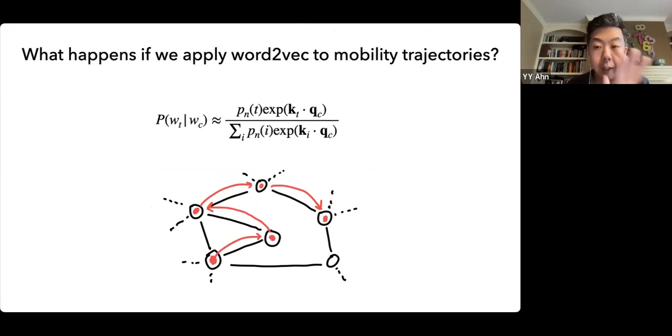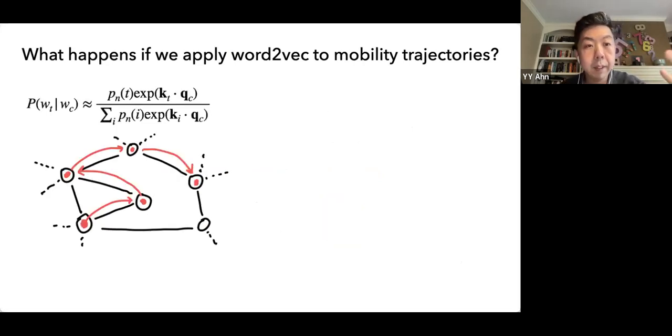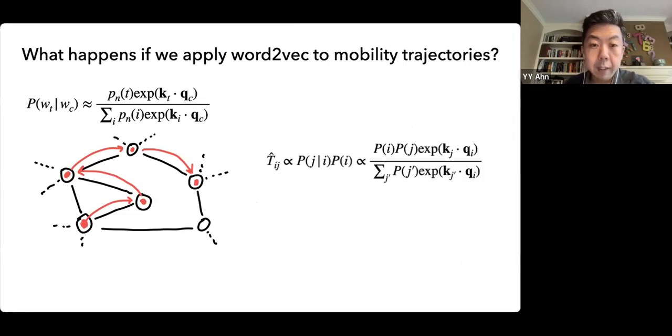Given the knowledge that negative sampling is a biased estimator, we can think of what exactly it corresponds to. If you think about the flux between two places, you can write it down as a probability of being in a place and then the probability of transitioning from that place to another.